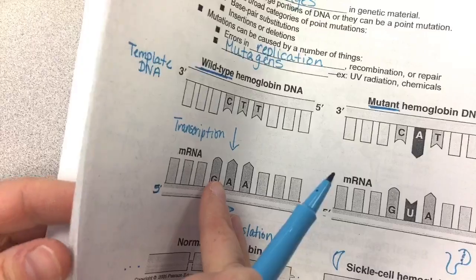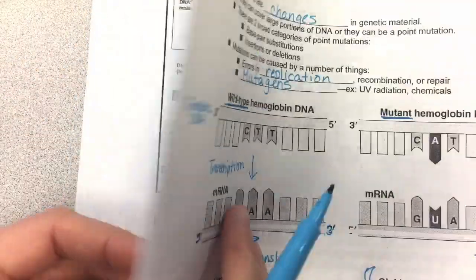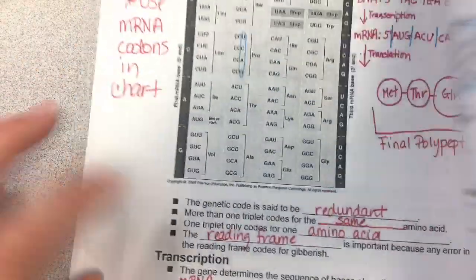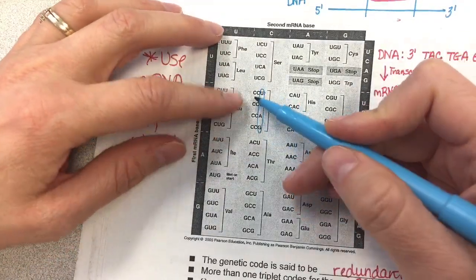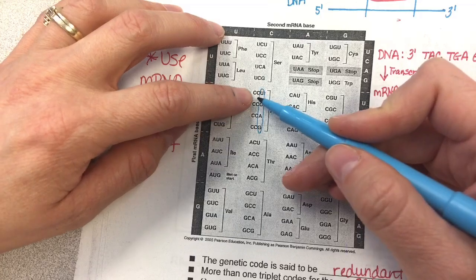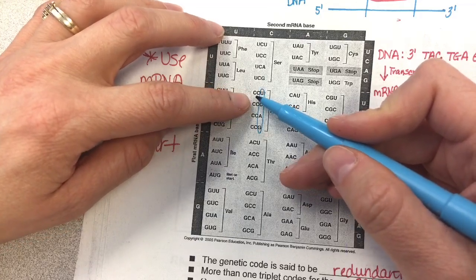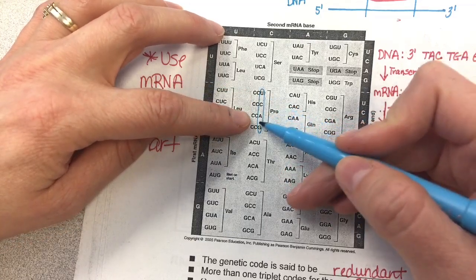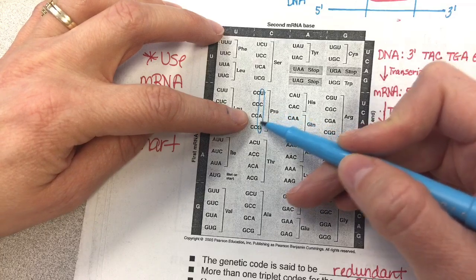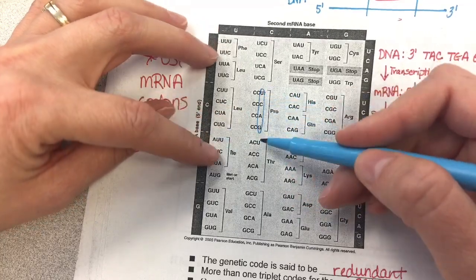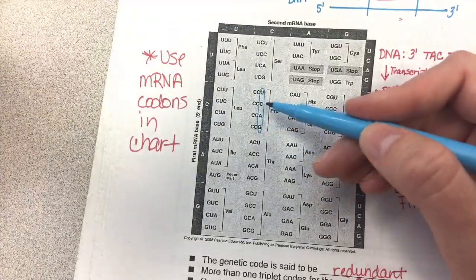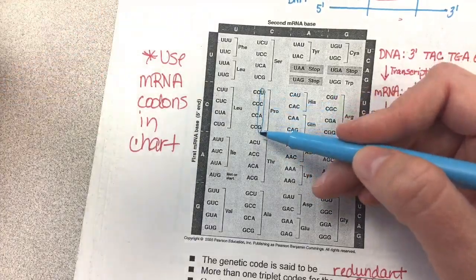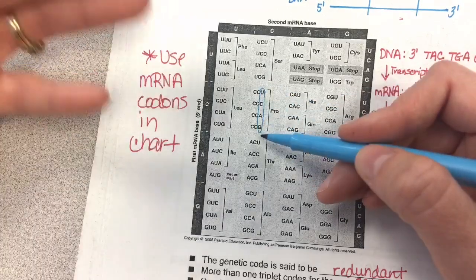So for instance, the redundancy of the genetic code, if we go back to the chart over here, this is what I was talking about with the third base here, that CCU, if it got mutated to CCA, it doesn't matter because it still stands for the same amino acid. And so therefore proline here, there's four different codons that could code for it. And so that last base could be mutated and it doesn't matter.